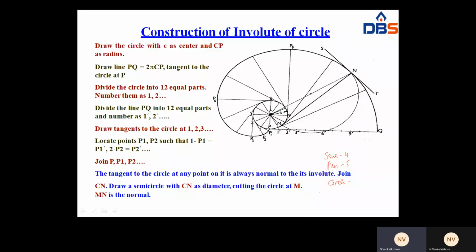Since the circle is a purely curved surface, however many divisions you want will be the sides of the circle. We discussed in the previous classes that we divide the circle into four parts or eight parts, maximally 12 parts, depending on our choice. So the minimum is 8, the maximum is 12 sides. So here also the same procedure is applicable.